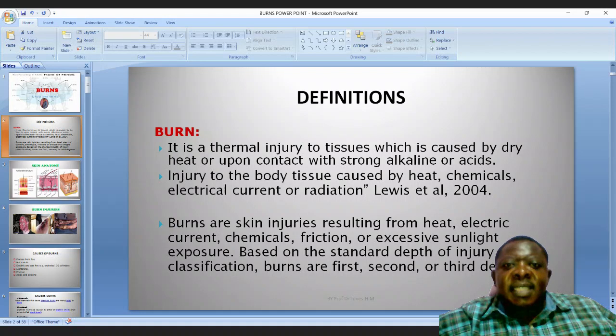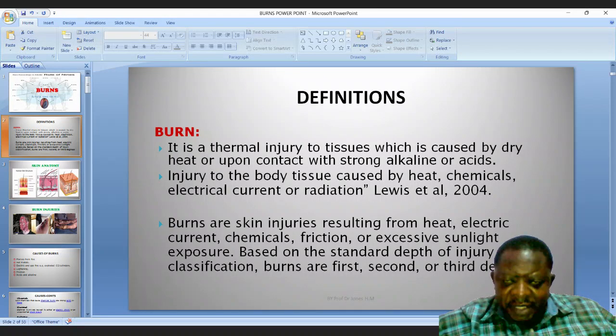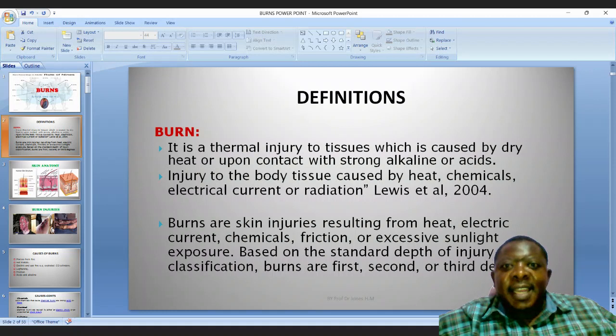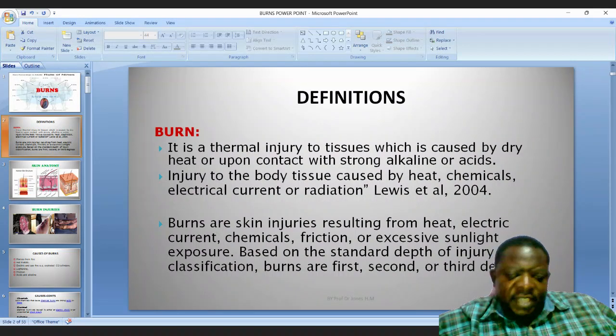So the second definition of burns that we can appreciate is that these are injuries to the tissue that are caused by heat, chemicals, electrical current, or radiation. This definition was put forward by Lewis and his colleagues.